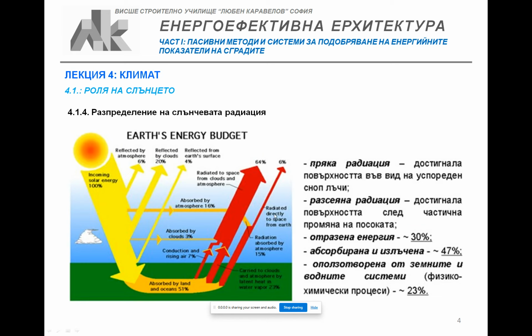So, because of the atmosphere, what reaches the upper layer of the atmosphere is not what reaches the Earth's surface, and it's reduced due to different processes going on in the atmosphere by almost 50% until it reaches the Earth's surface, and there it's transformed from electromagnetic energy into heat energy and stored there, and then radiated back in the colder periods.